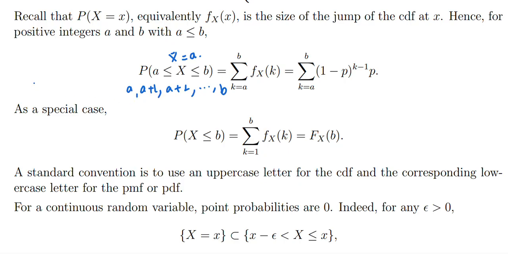And the probability of X equals a is actually f_X of a. That's why we write the probability mass function while calculating the probability of an interval. When you have the special case X less than or equal to b, then this is the sum over k from 1 to b, which gives F_X of b.